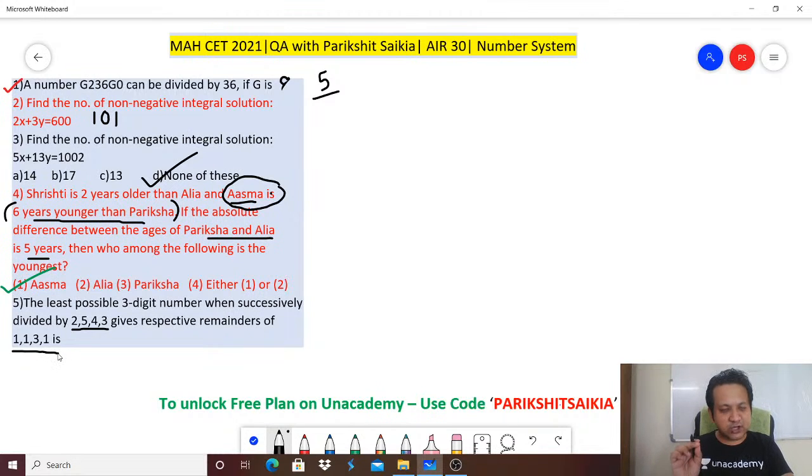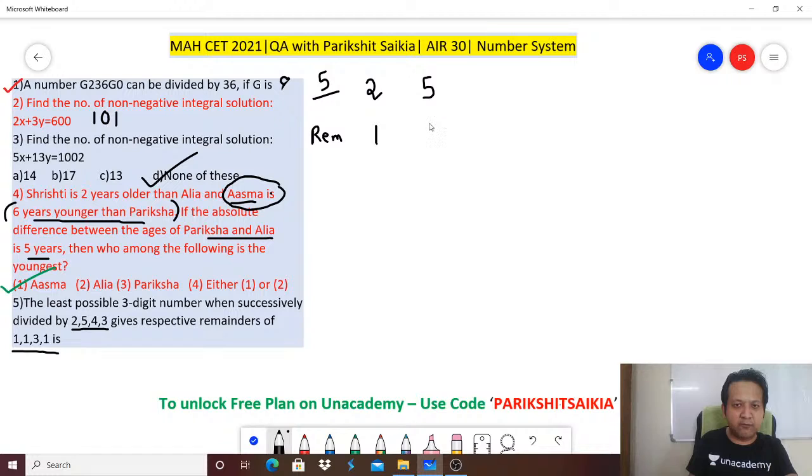If you divide the number first by 2, you will get a remainder of 1. The same number, now if you divide by 5, you will get a remainder of 1. If you divide by 4, you get a remainder of 3. If you now divide by 3, you'll get a remainder of 1.